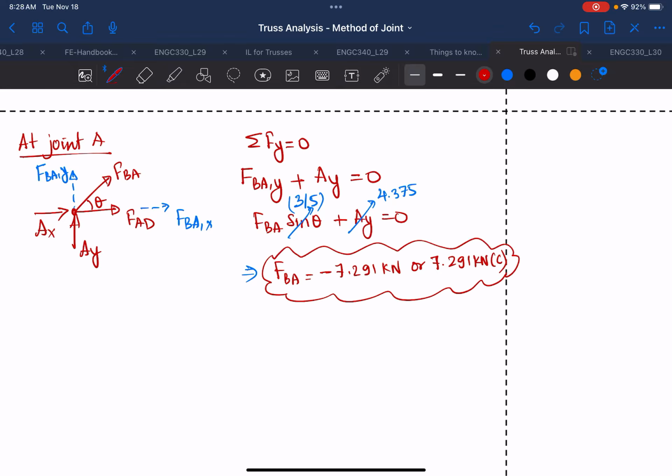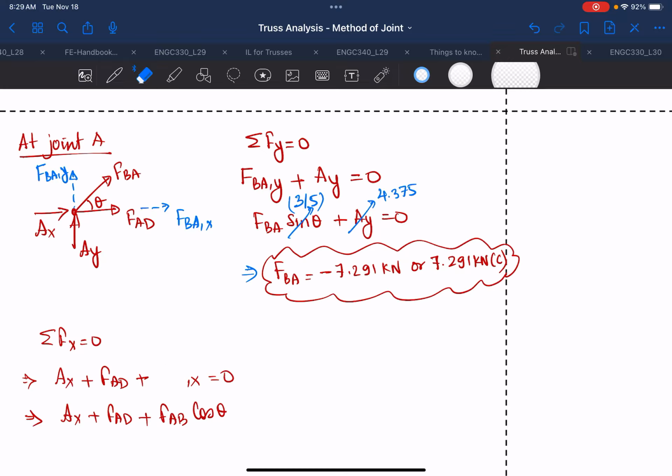Now we can take the summation of all the forces in x direction. We'll have AX plus FAD plus FAB x component equal to 0. So this implies that AX plus FAD plus FBA cos theta is equal to 0. It doesn't matter whether it's FAB or FBA, but just for the sake of consistency, put FBA cos theta.